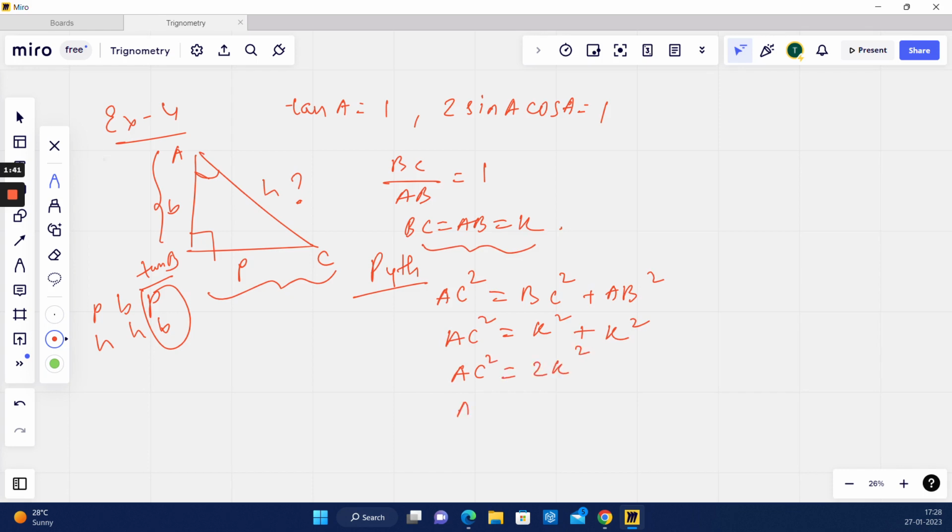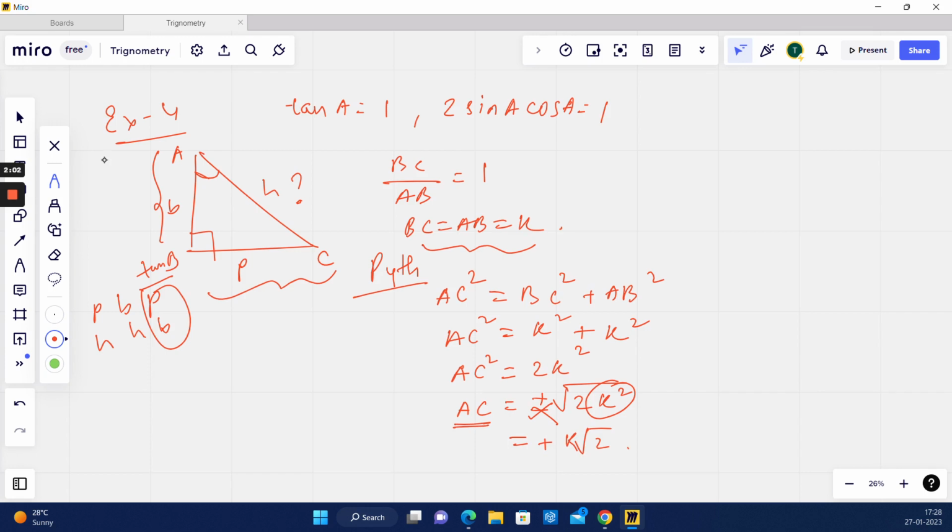So we have to remove the square. We'll put plus minus under root of 2K square. This K will come out of the square root. We'll ignore the minus sign because this is a side, right? So this will be plus K and this will remain under root, K root 2. Now we know AC is K root 2.